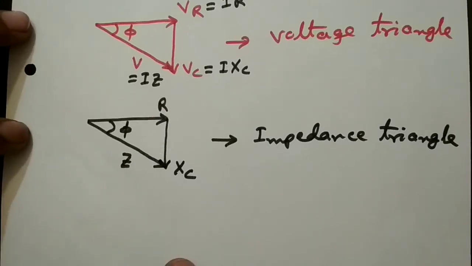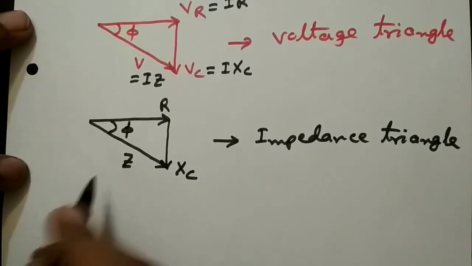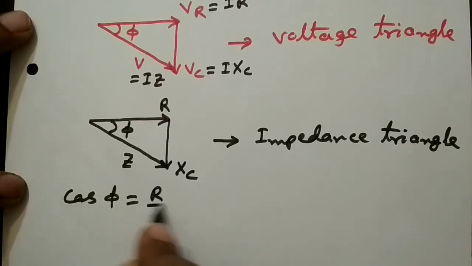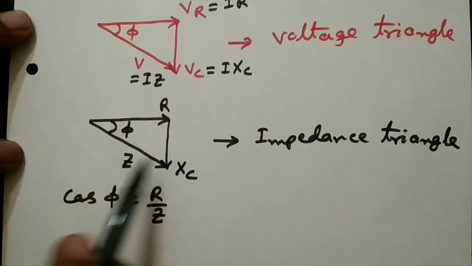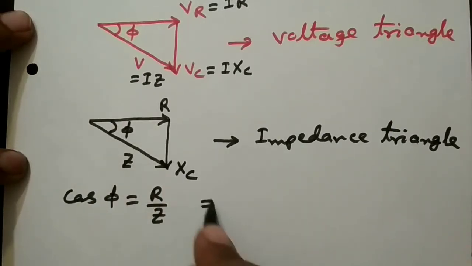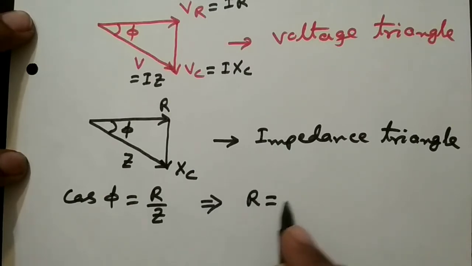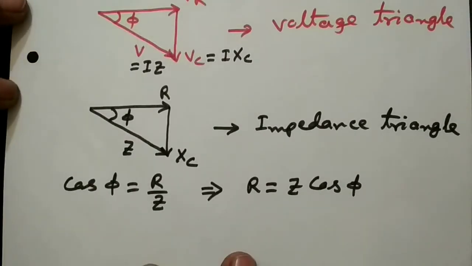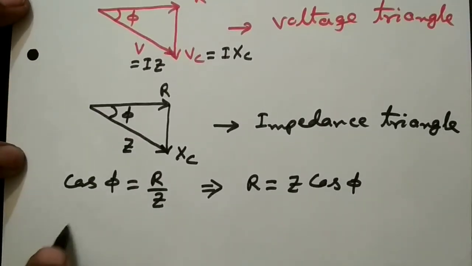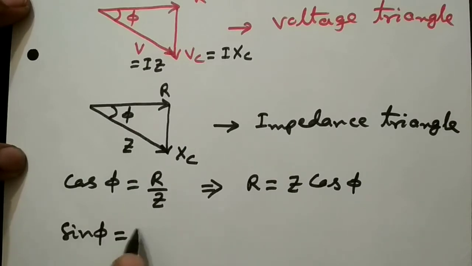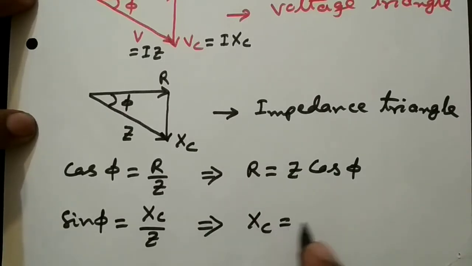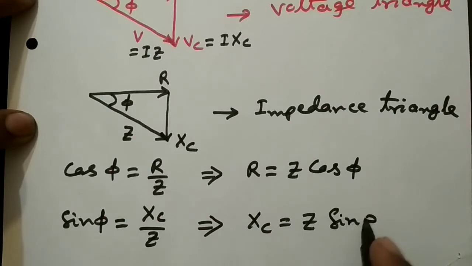Now from this impedance triangle we can write cos phi is equal to R upon Z, and here R can be written as Z cos phi. Similarly, sin phi can be written as XC upon Z, and XC can be written as Z sin phi.